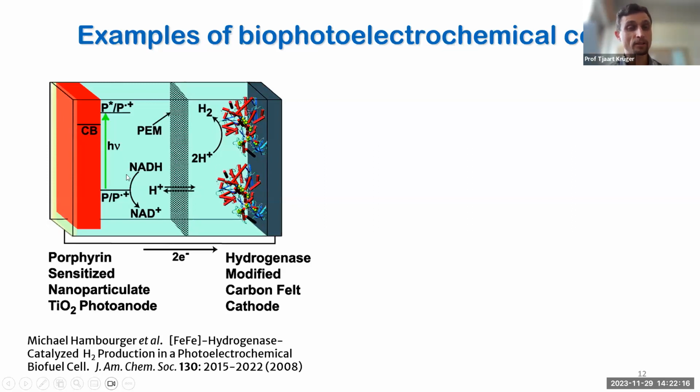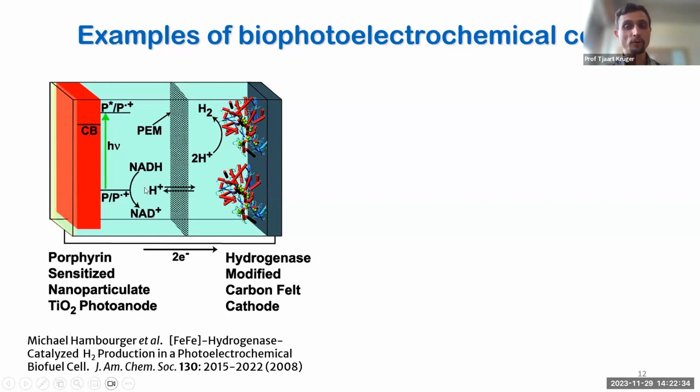It interacts in this particular example with NADH, which is an electron donor. So this is going to donate an electron to this cation, and we get the NAD plus protons.